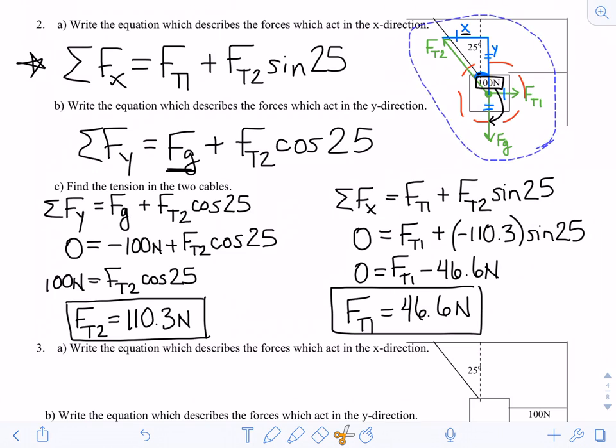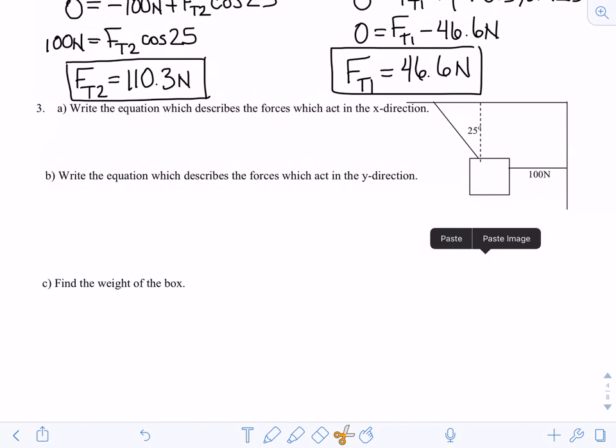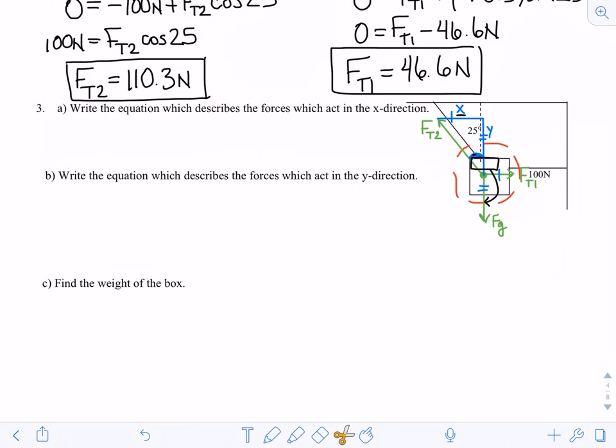And so, since this is the exact same scenario, we are going to have the exact same force diagram.